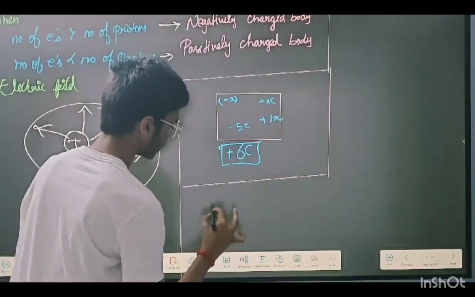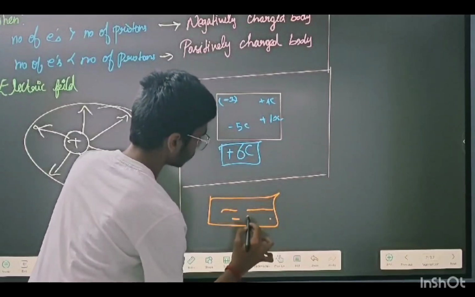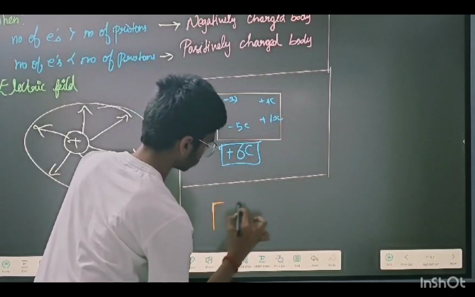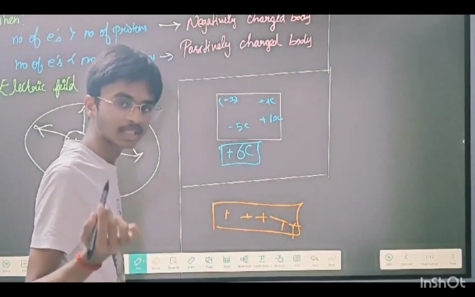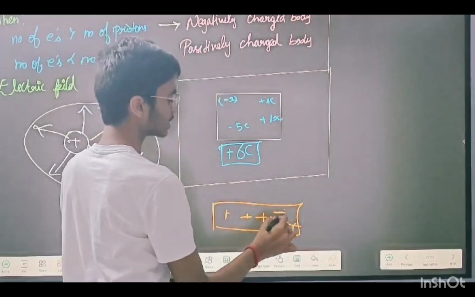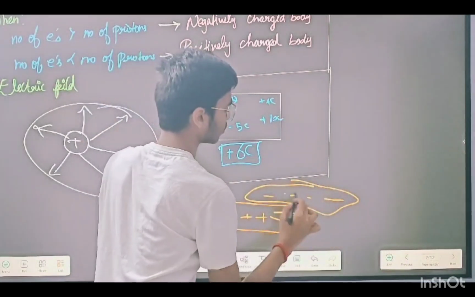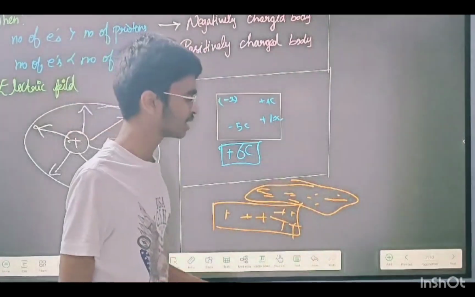Work function, that means, see, for an example, I'm going to take a negatively charged body, a positively charged body. Let this be the amber, and there is this silk cloth. This is the silk cloth that has gained a negative charge. Why has it gained the negative charge and why has the other gained the positive charge?